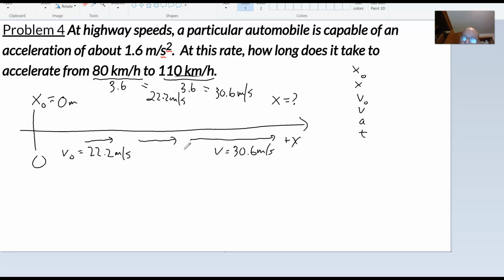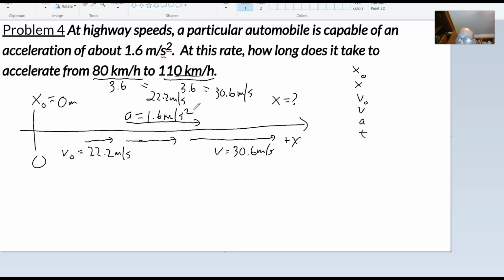So we're accelerating, we're increasing the lengths of our velocity vectors, and we're doing this in the positive direction. The larger one is in the more positive direction than the shorter one, and so that means our acceleration also has to be in the positive direction. I use my velocity arrows to tell me what the direction of my acceleration is, and it's positive because we're speeding up in the positive direction, and I've been told that my acceleration is 1.6 meters per second squared.